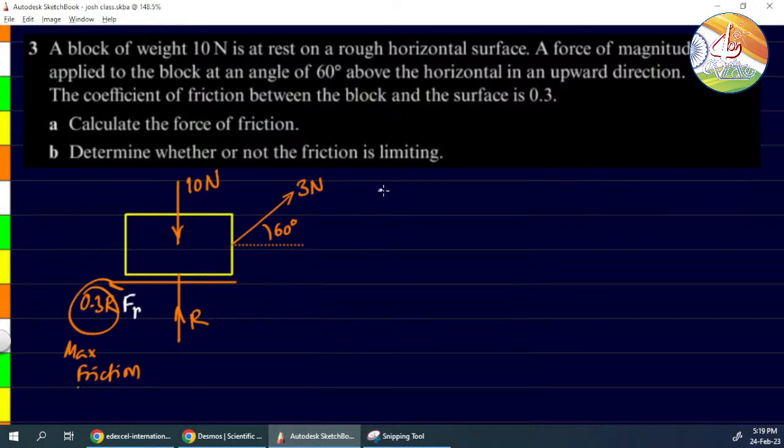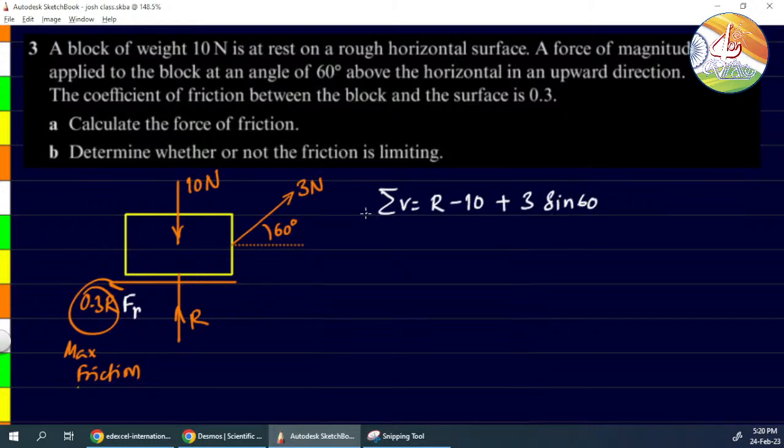Now again take sigma V, the vertical components: R minus 10 and plus how much? The component of 3 newtons in the vertical direction will be 3 sine 60.